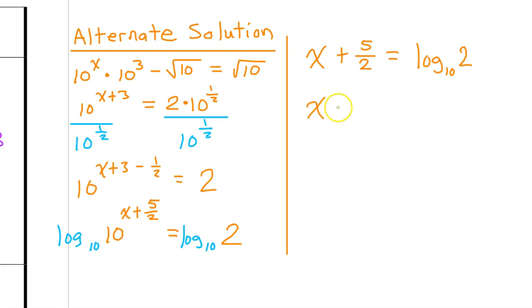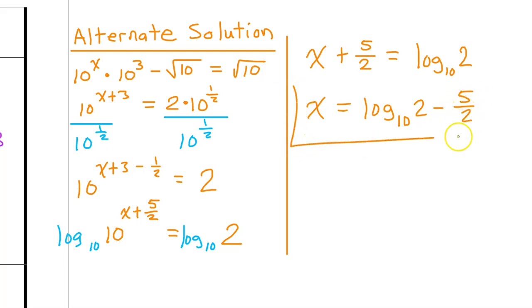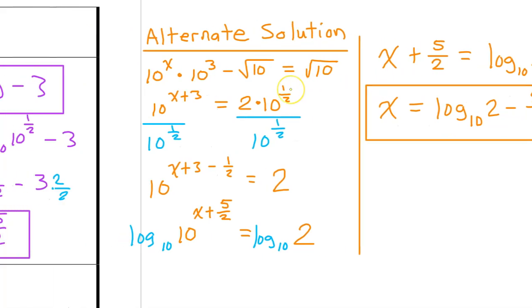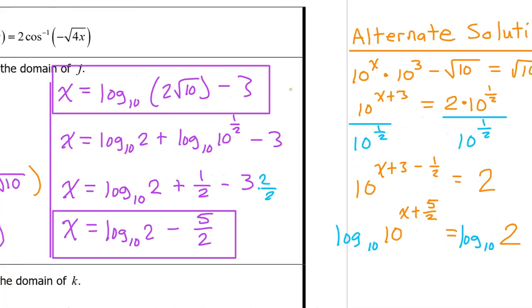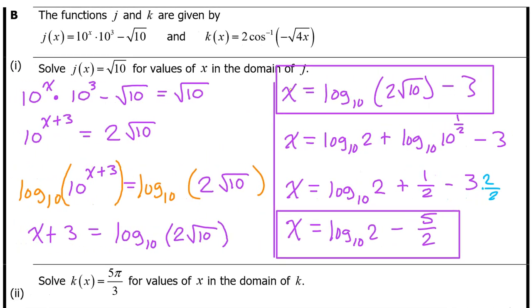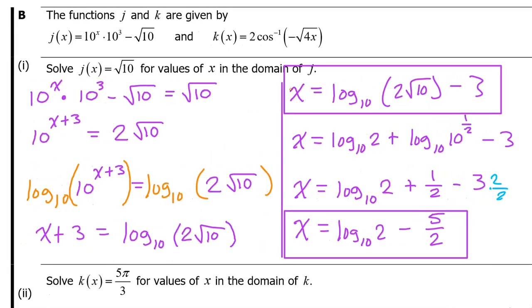Obviously, we can isolate the x by subtracting 5 halves from both sides. So we get x is equal to log base 10 of 2 minus 5 halves. And that's the exact same answer that we got by the other method. So you can choose whichever method seems easiest to you.